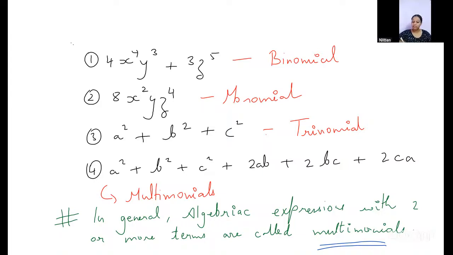Okay. Now we will talk about the degree of an algebraic expression. What is the degree of an algebraic expression? It's the highest of the degrees of different terms having non-zero coefficient. What does it mean?